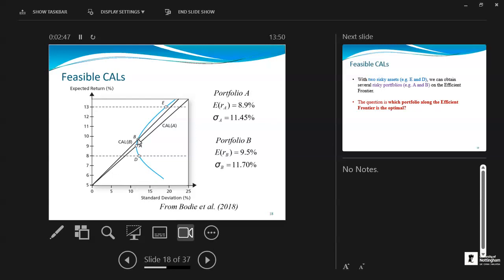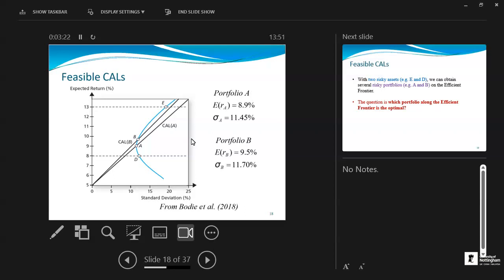And if you look at point B, point B is above point A. It has a slightly higher risk, but it also gives a higher expected return. The expected return of portfolio B is 9.5%, but the risk is slightly higher as well, which is 11.7%. So all these points on this blue line represent a portfolio, a combination of these assets.